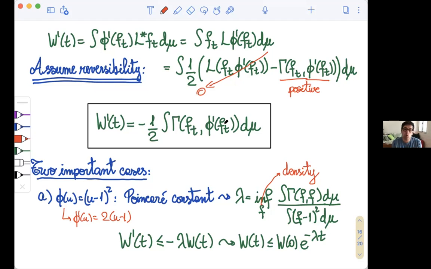If you start from the worst possible case, it's very reasonable that along the trajectory, at least for some time, you will see very bad densities ft. So doing this bound, for example using the Poincaré constant, is not that bad.